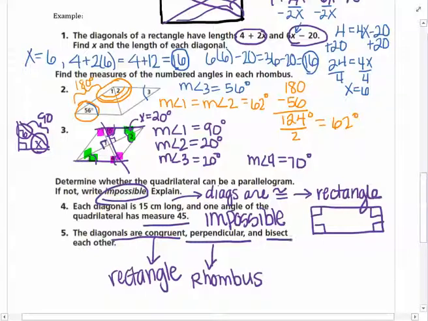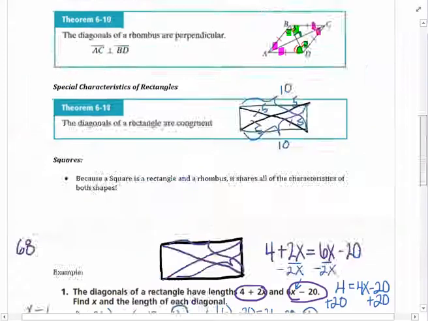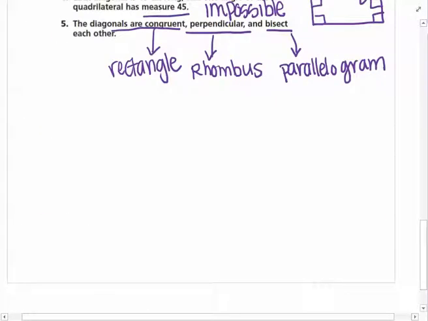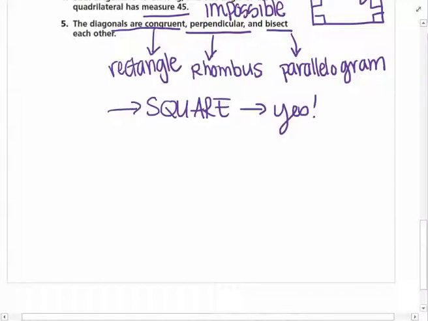If the diagonals bisect each other, that means it is a parallelogram. If it's all three, it's a square. So it didn't ask me what it is, but let's write down this is a square, and a square is a parallelogram. So the answer is yes, it is a parallelogram.